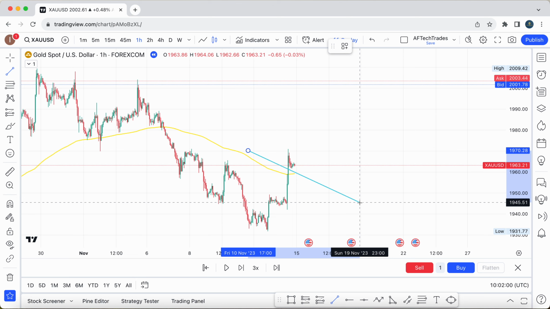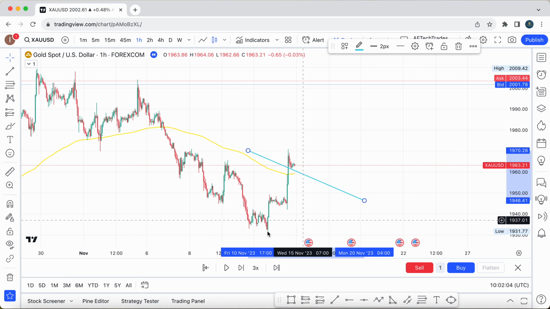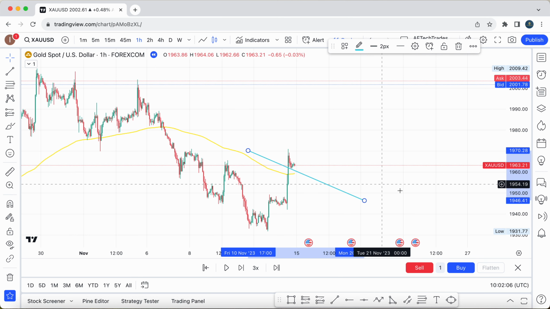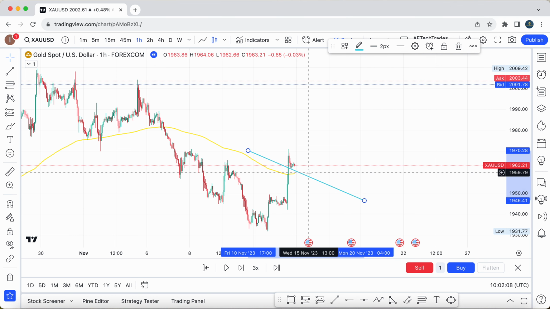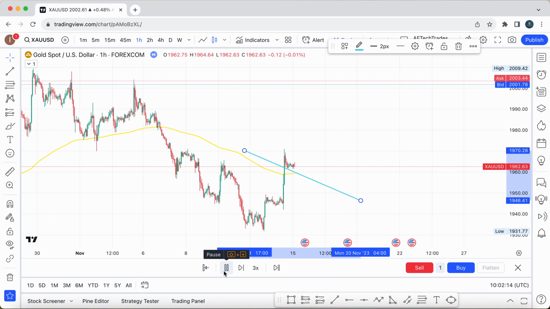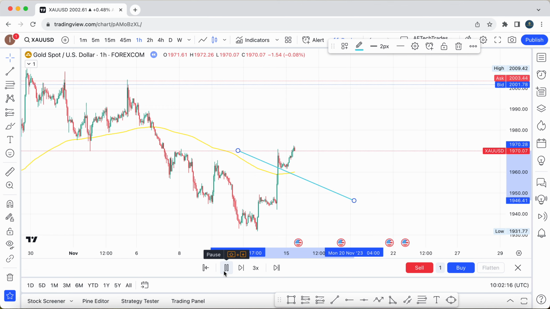So I'll be waiting for a retest. Once I get a retest on the 200 EMA or the trend line, I will immediately enter the market. So we are waiting for a retest.